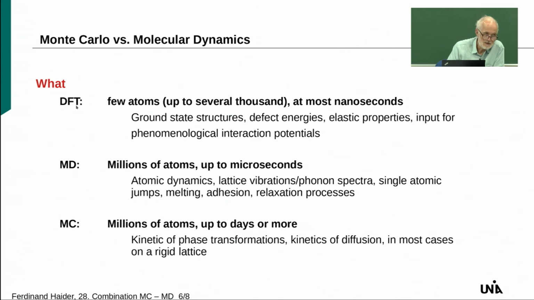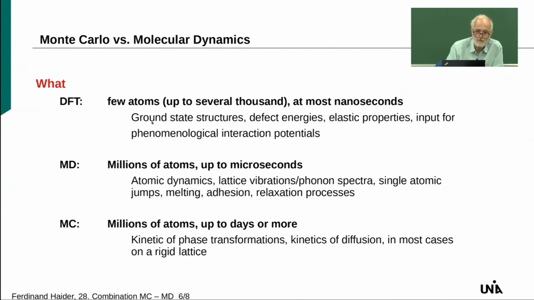Normally with DFT, you obtain ground state structures. This means 0 Kelvin, more or less no excitation in the material. Still, you can determine forces, restoring forces. So in a harmonic approximation, you can determine phonon modes, lattice vibrations.